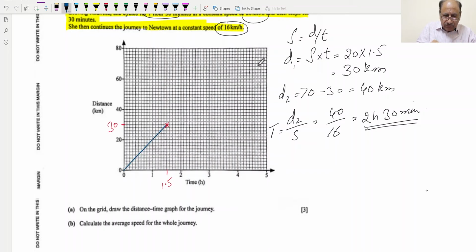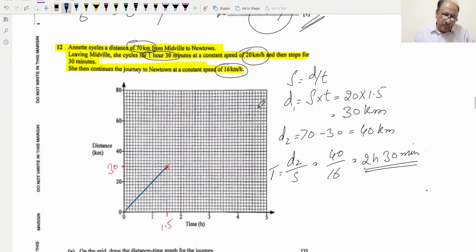So this is the first portion of the journey, and the second portion of the journey says to rest for 30 minutes, stop for 30 minutes.